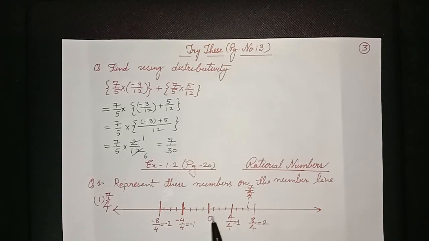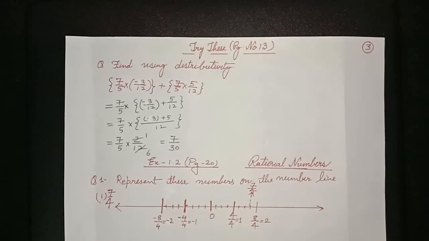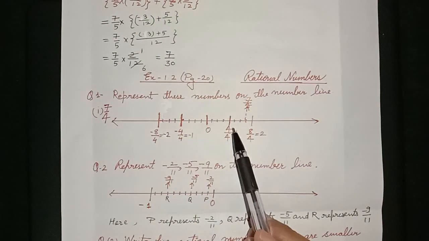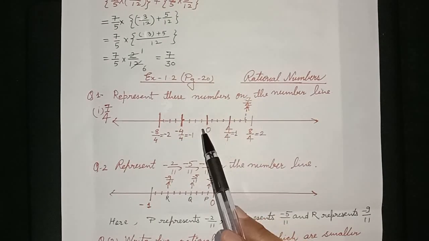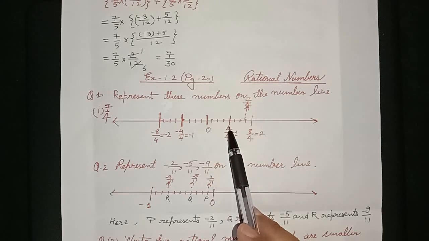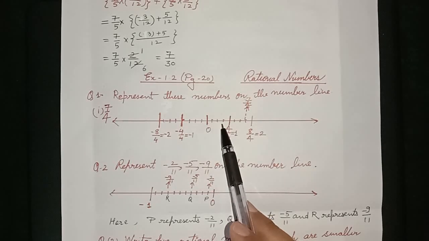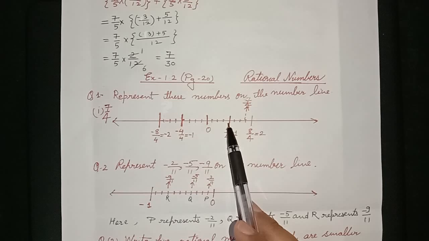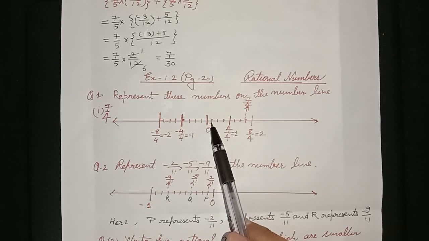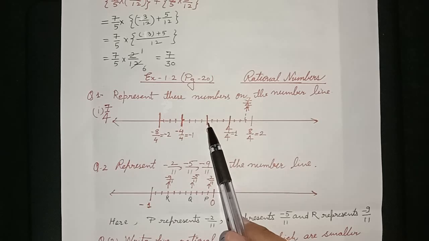To show it on the right side of 0, first we will show 1. To show 1, we will divide 0 to 1 into 4 equal parts, and the value of one small part is equal to 1 upon 4.